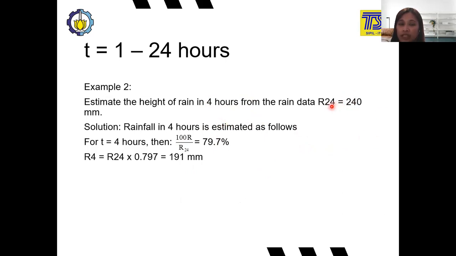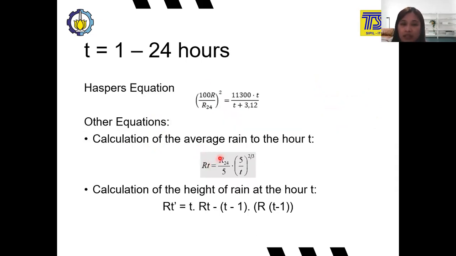From the rainfall data with R24 equal to 240, this is the maximum rainfall data in 1 day. So if the rainfall only happened in 4 hours, how big is the height? We can calculate it using this equation right here.